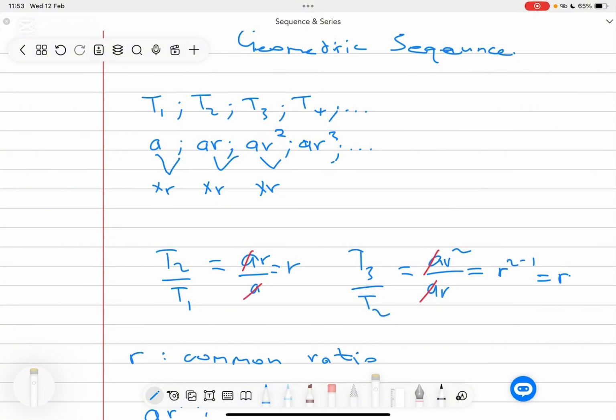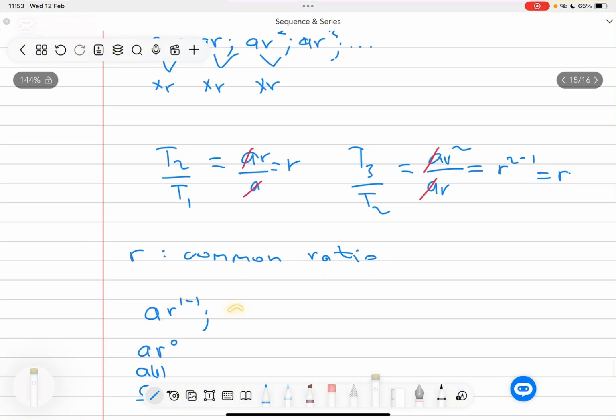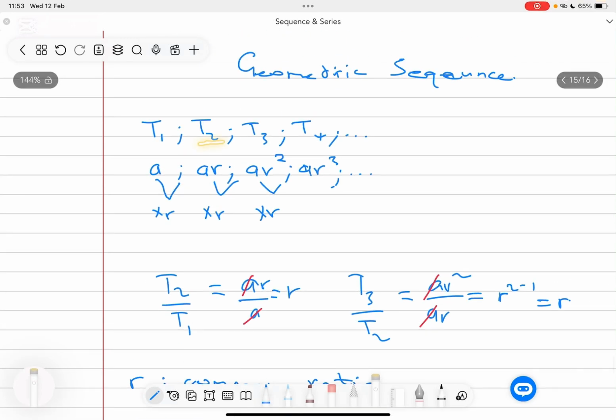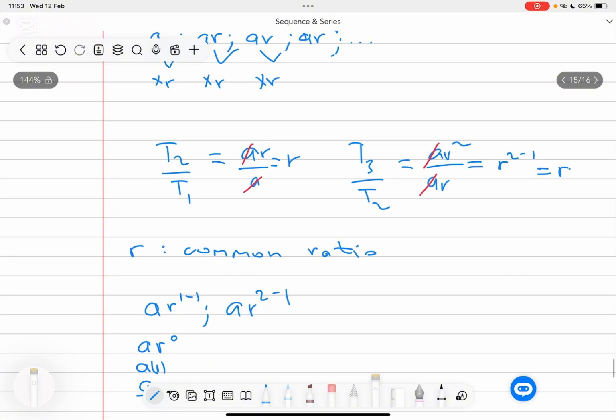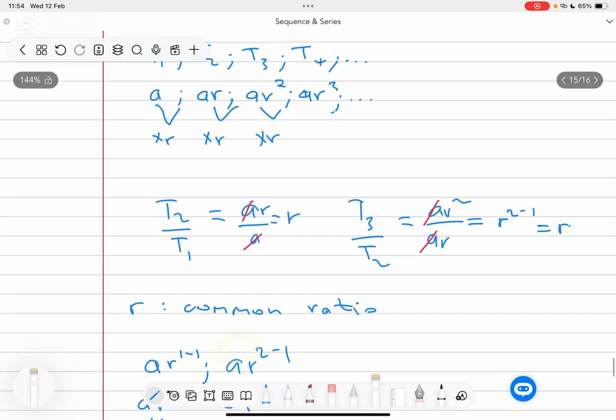And in term 2, definitely we are going to have A R to the power 2 minus 1, because the number of terms is 2, we are on term 2, and we subtract 1 because it is 1 less. Now if we simplify this, we're going to have A R to the power 1. That's why term 2 is given by AR.